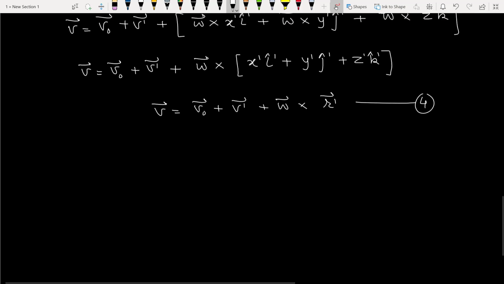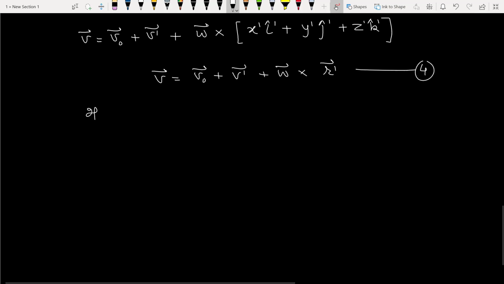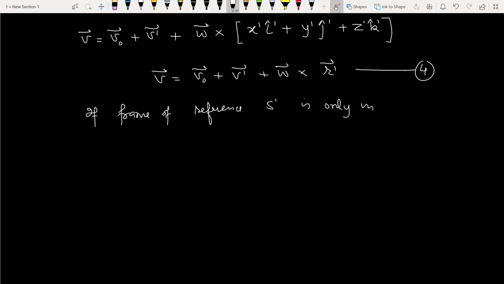So now we simplify our problem. If frame of reference S dash is only in rotational motion, not in translational motion, then which quantity will be 0?